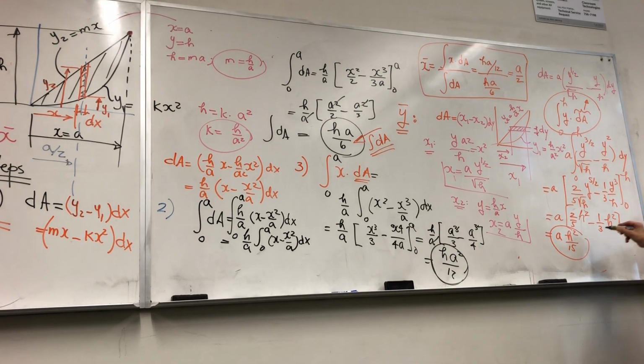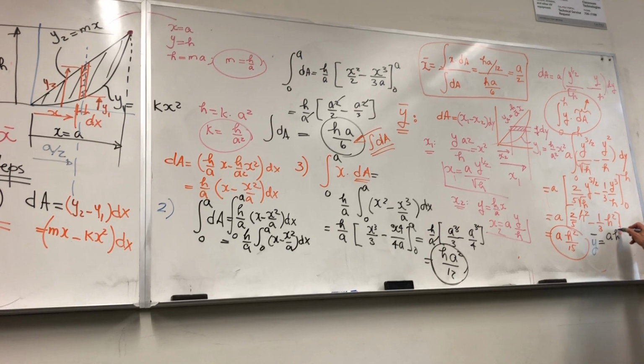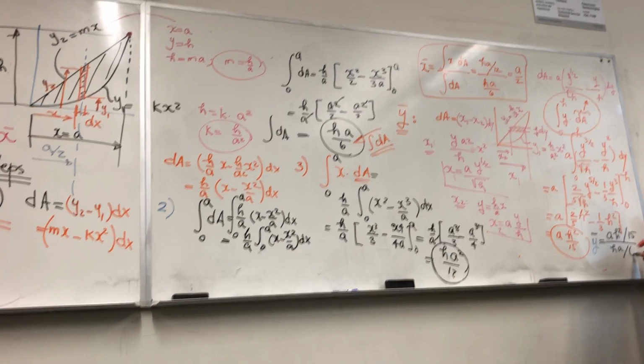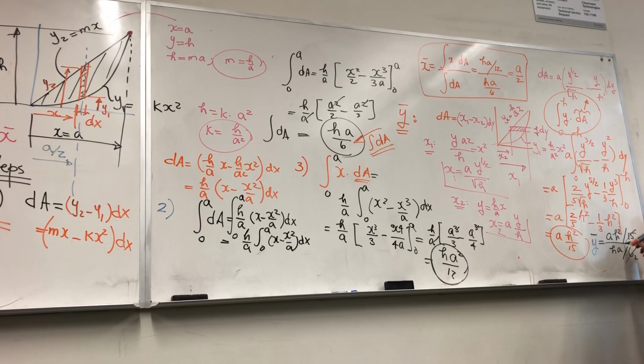I hope that would be clear. So y bar would be a h squared over 15 divided by h a over 6. So this would be 2, this would be 5, this and this cancel out, this and that cancel out. So y bar turns out to be 2/5 of h.